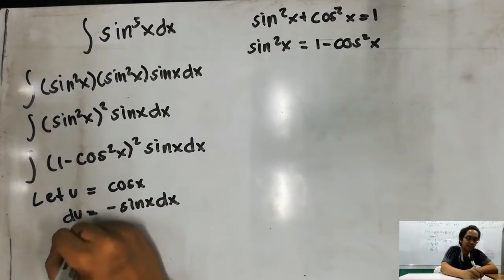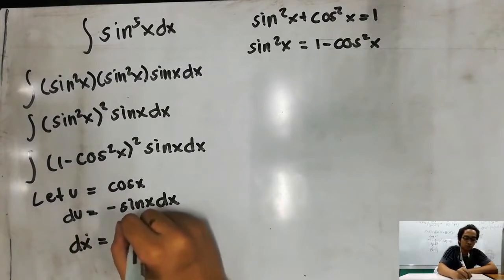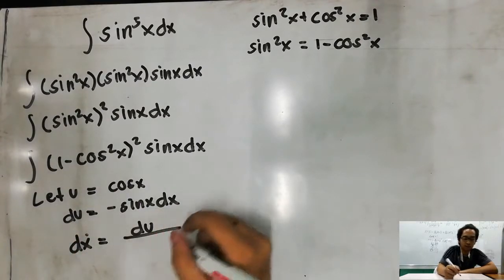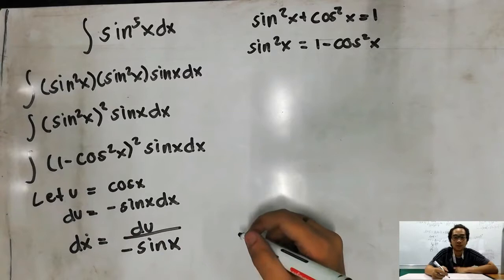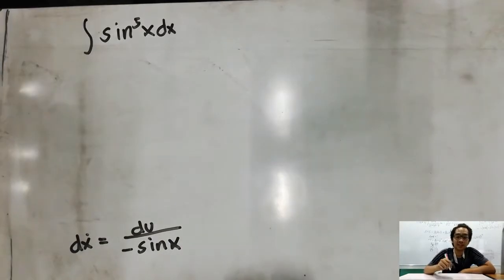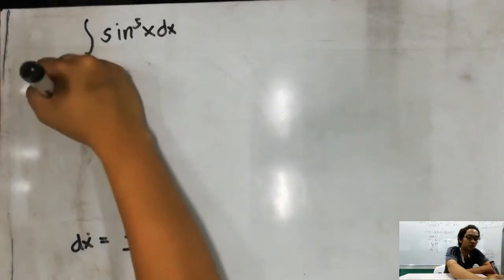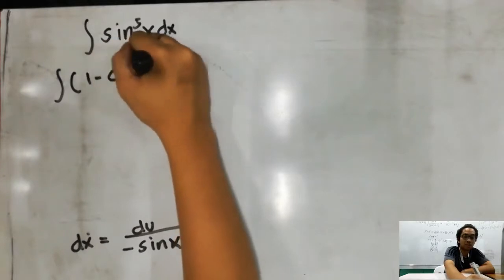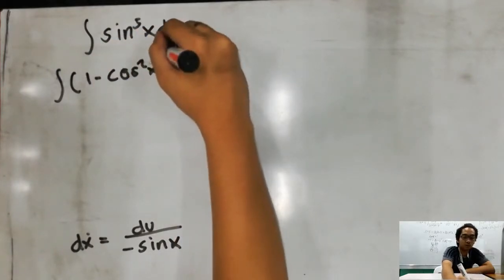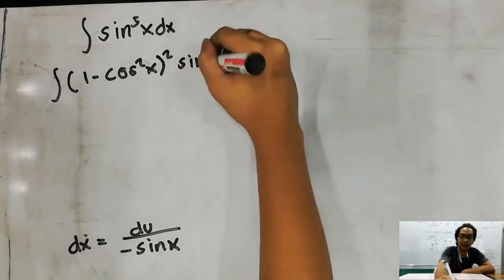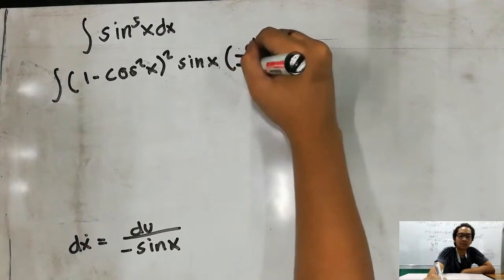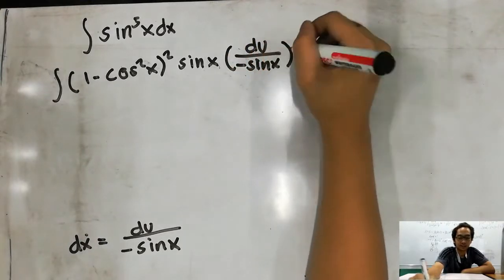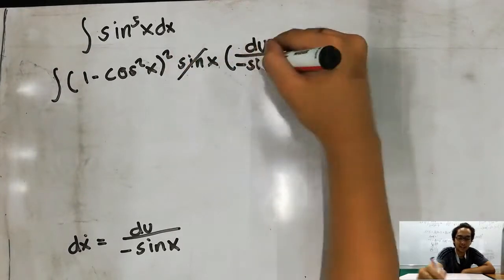And our dx will be equal to du over negative sine x. Let's substitute dx into our function. It will now be equal to 1 minus cosine squared x raised to 2 sine x times du over negative sine x. We can now cancel sine x.